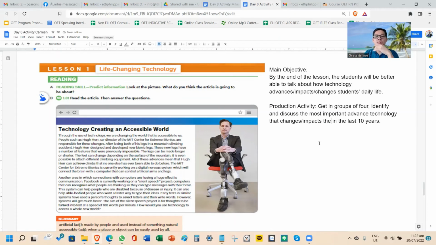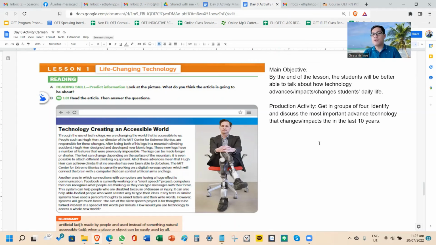Because this is an adult class, but the difficult one here is that the example is about disability, so it cannot be about themselves if they are not, sorry to say, physically disabled. Of course we cannot tell them to think that you are disabled, so you have to be careful.